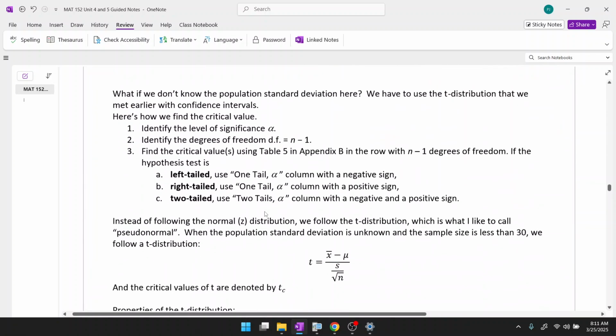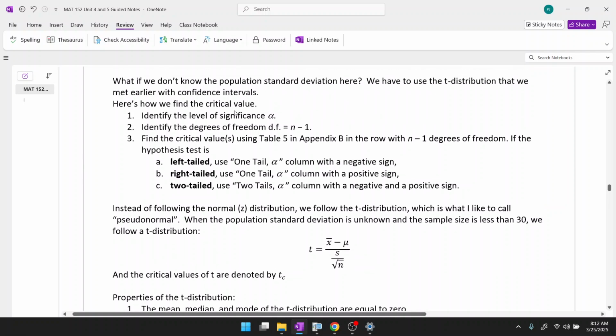Now, what if we don't know the population standard deviation from earlier? We're going to use the t-distribution that we're going to learn right now. So, you might be thinking, oh my God, this is going to be kind of brutal here. It's really not, and here's why. It's basically a pseudo-normal type thing where you have your significance value, or alpha.